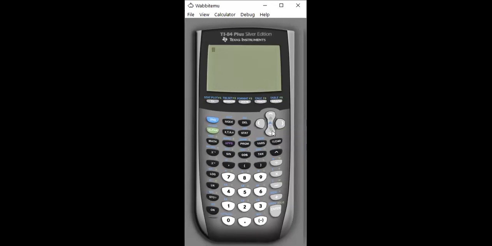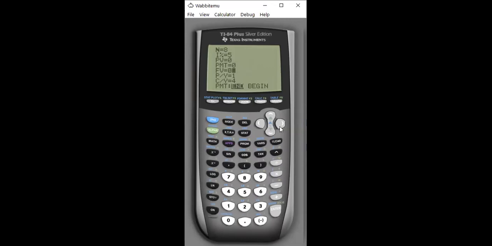Okay, so we did this in class before, so you do apps, then finance, then TVM. So in here, we say 8 years. You put 8 years, and for the percent of the interest rate, you don't put 0.05 because they already have a percent here. Let me clear this out so we know what to input.